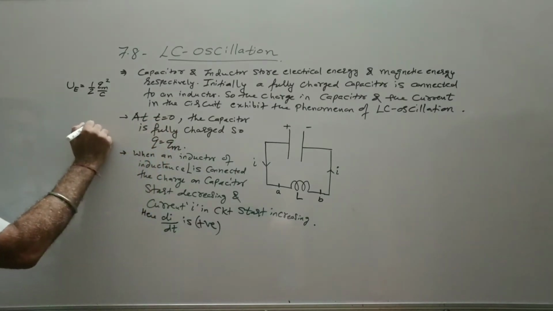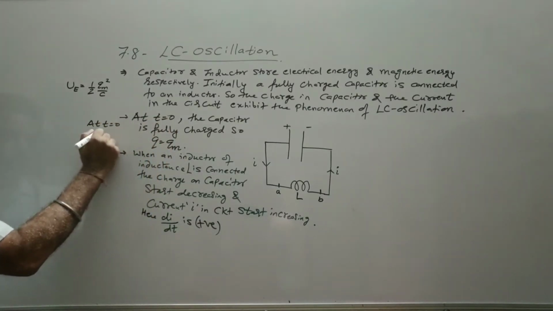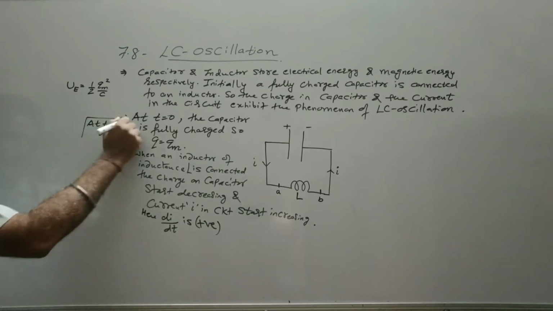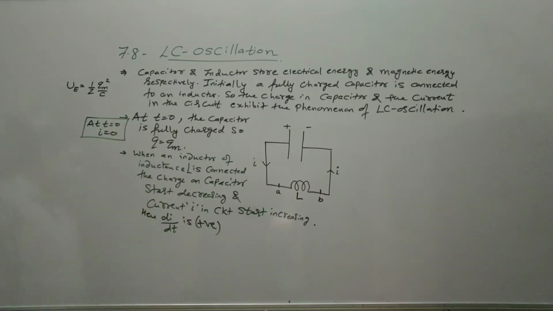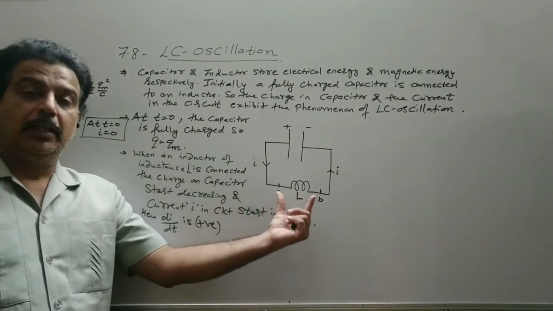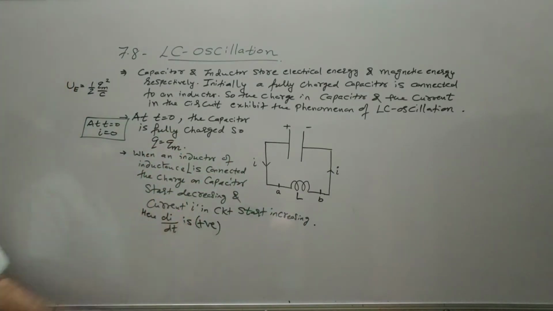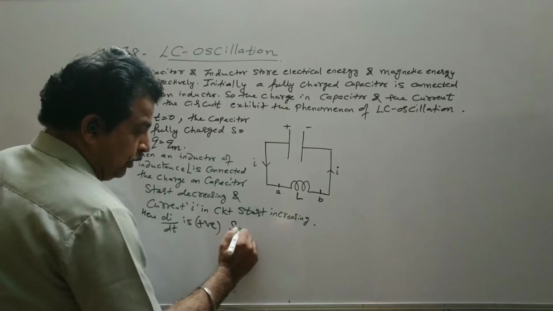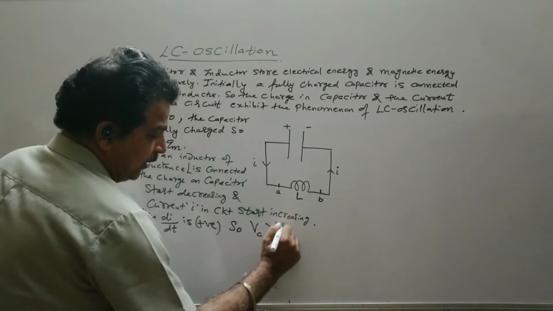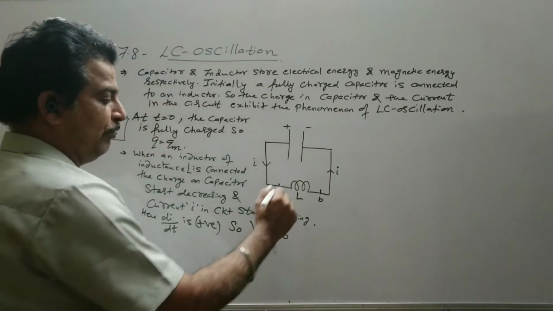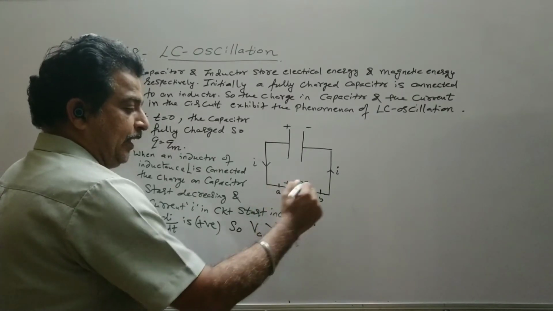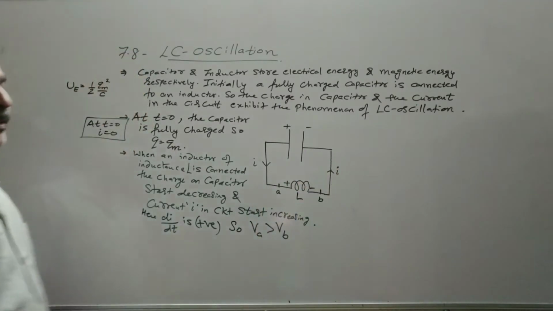You have to remember, at t equal to 0 the current in the circuit is 0, because at that time the circuit was not completed. So di by dt is positive, so VA is greater than VB, that is, the potential of point A is plus and this is minus.